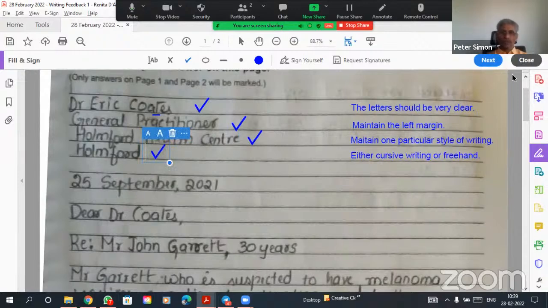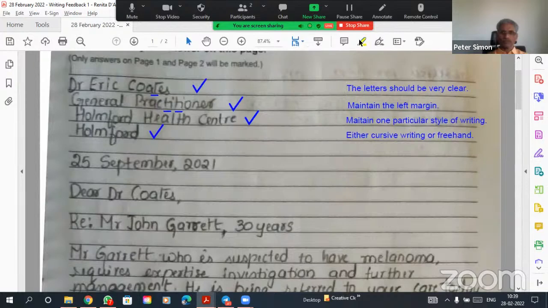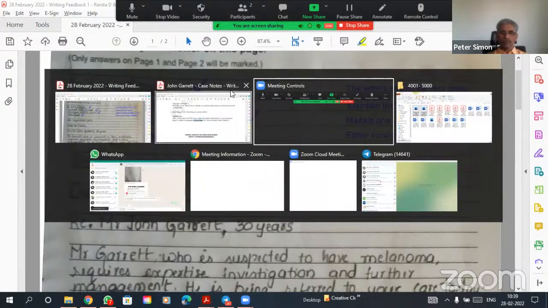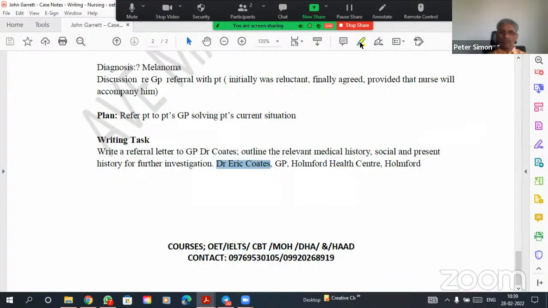Fine. So this is the information. Dr. Eric Coates. So second line is GP. And third line is Homeford Health Center. Then fourth one is Homeford.